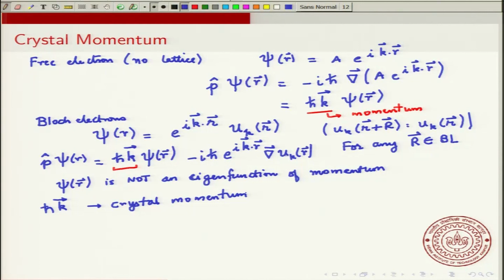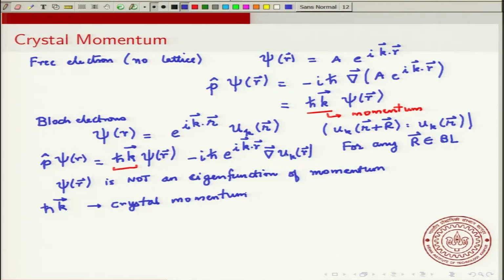Okay. And so, it is like this momentum of this electron that is in this whole crystal. It is not the true momentum, but it is momentum with the restriction that it experiences this periodic lattice. There is a connection with the full momentum, but we will not talk about it.